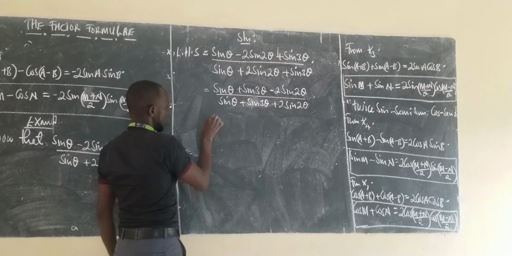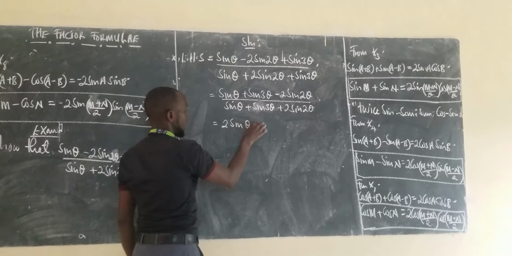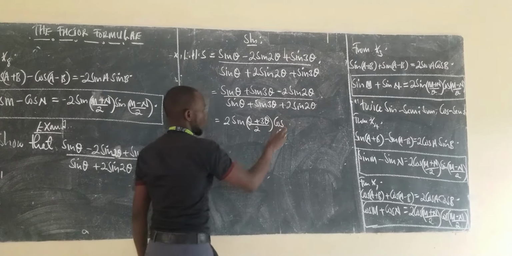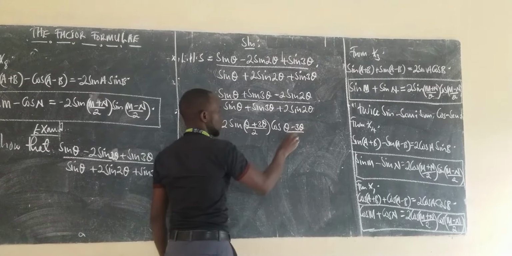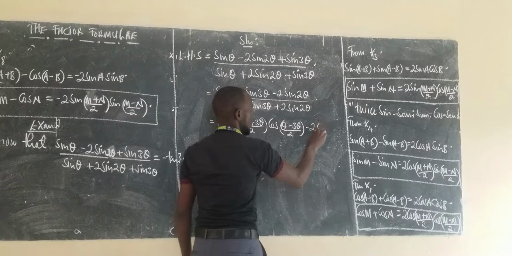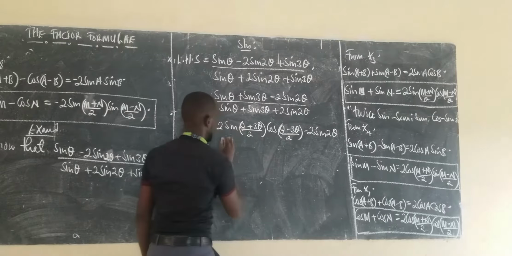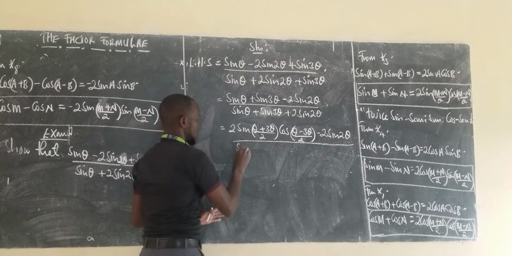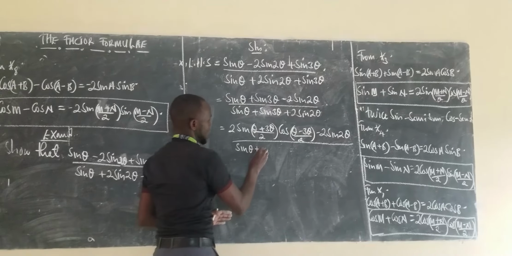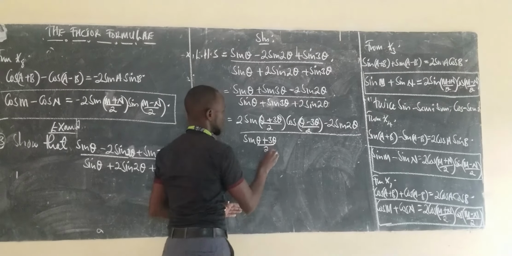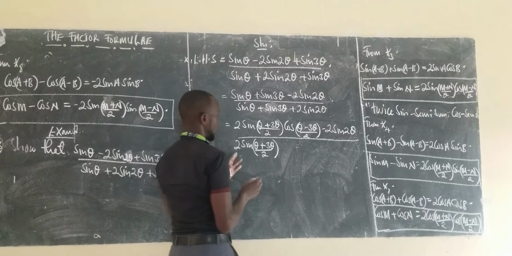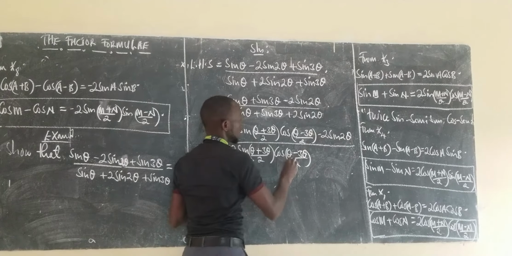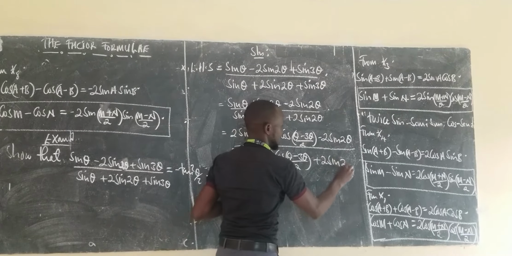So we say it is 2 sine of theta plus 3 theta out of 2 cos of theta minus 3 theta out of 2, then minus 2 sine 2 theta divided by, hope the numerator is okay, divided by sine theta plus 3 theta out of 2, don't forget a 2, sorry, then cos of theta minus 3 theta out of 2 plus 2 sine 2 theta.